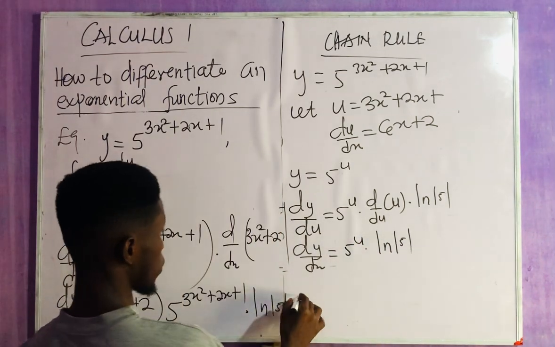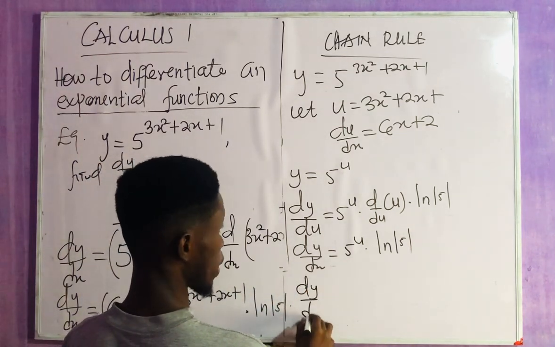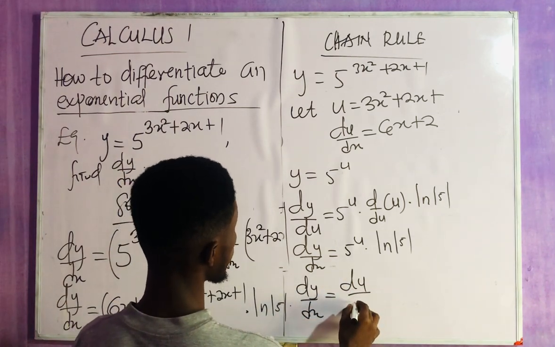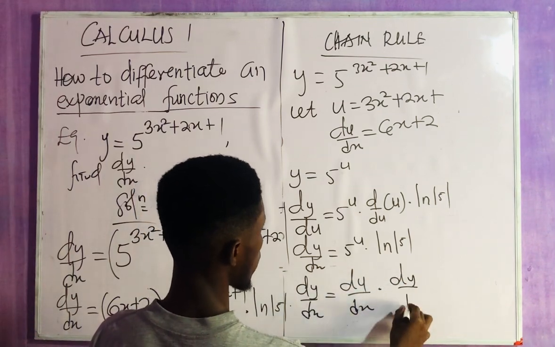So now, once this one is changed, we have to get it this way. dy dx is equal to du dx multiplied by dy du.